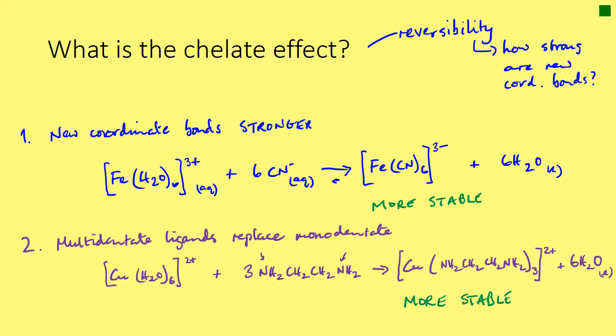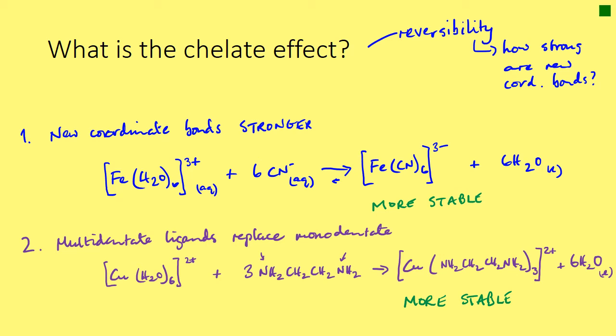Now, some of you might be sitting there asking, well, why are these 2 complexes that we've made more stable than the ones we started out with? Well, in the first case, where we've got our iron cyano complex, what we've seen is stronger bonds being formed than we had in the first case.